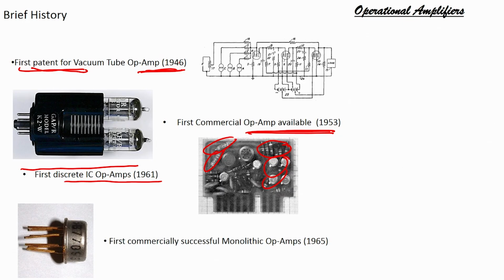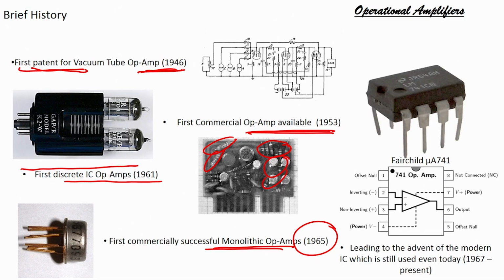Now, the first commercially successful monolithic op amp was found in 1965. Okay. This was the first time when monolithic ICs or monolithic operational amplifier was available commercially, and it was successful. Then in 1967, we got the first op amp which looked like this, which currently also we are using, the operational amplifier mu A 741 by Fairchild.